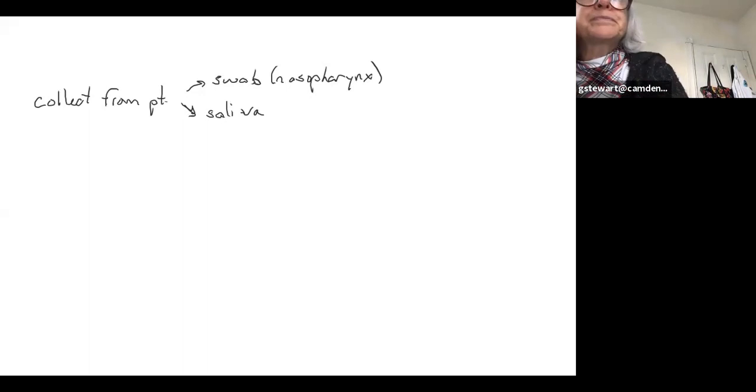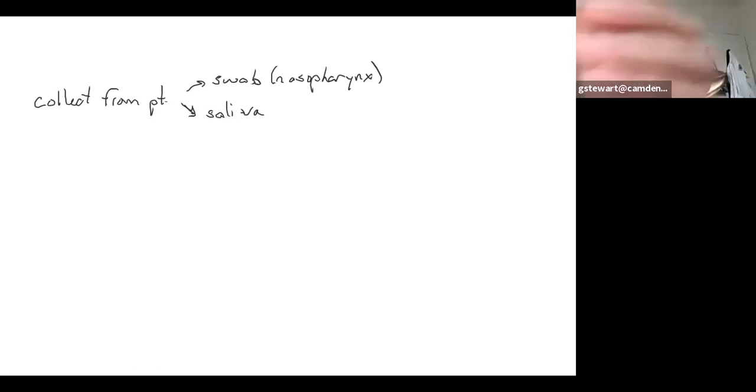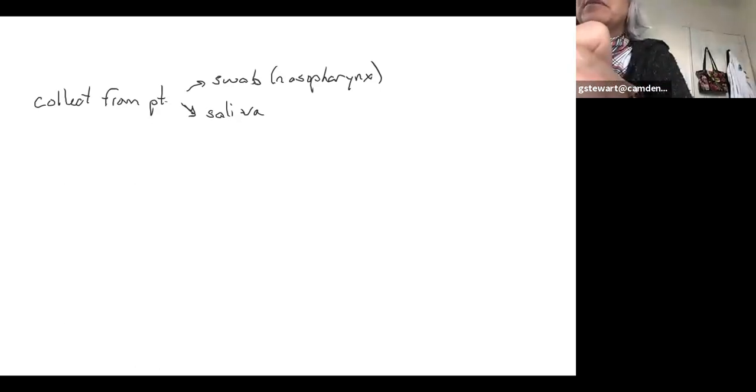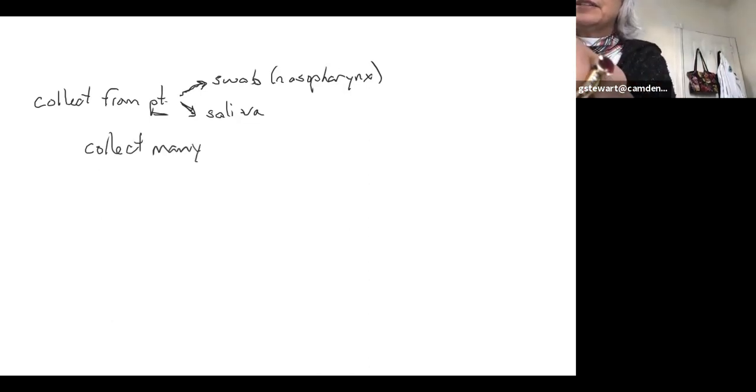Right. And I was watching a video this morning from someone who was talking about this procedure and how it works. And I thought this was really important to remind students, that no matter where you're getting your sample from, where you're collecting from the human, you are collecting many different types of cells.